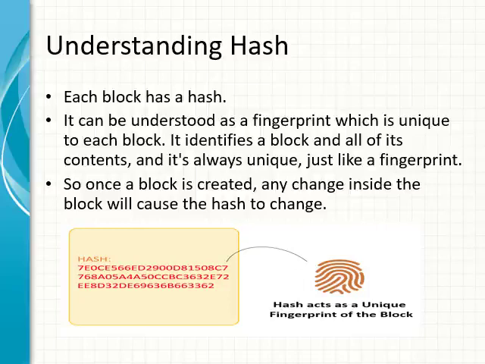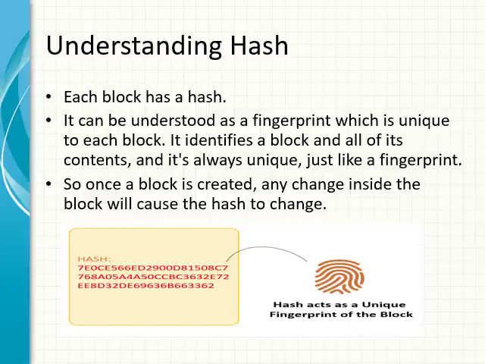Each block has a hash. It can be understood as a fingerprint which is unique to each block. It identifies a block and all of its contents, and this hash is always unique. This hash value cannot be duplicated. It is like a fingerprint.